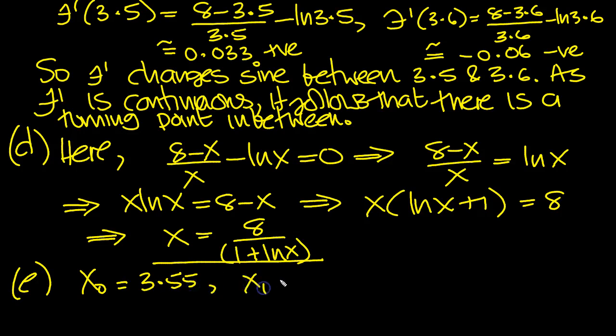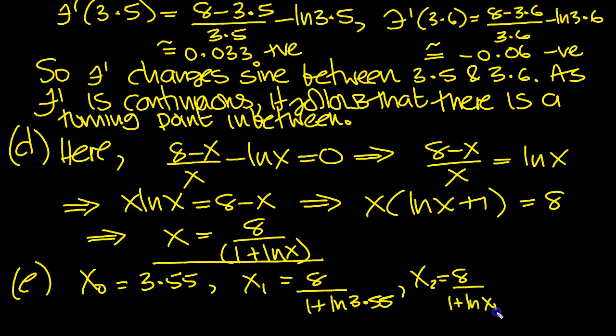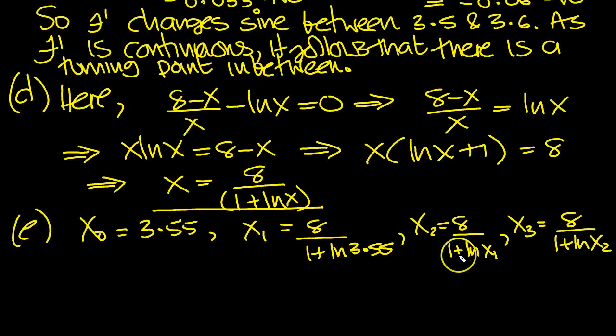So x1 will equal 8 over 1 plus ln 3.55. x2 will equal 8 over 1 plus ln x1, and x3 will equal 8 over 1 plus ln x2. So these are our three values, and I'm just going to run them through the calculator.